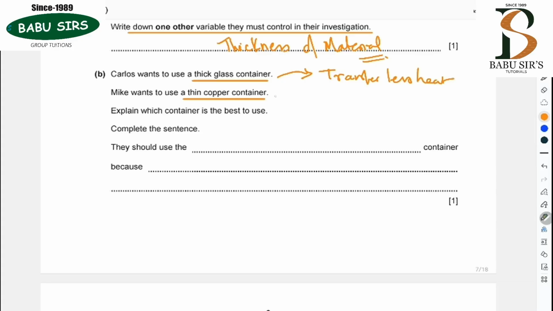But if you use a thin copper container, it will transfer more heat. Explain which container is best to use. If you want to measure the transfer of heat, then this material is best. So what is best? Best is the thin copper.